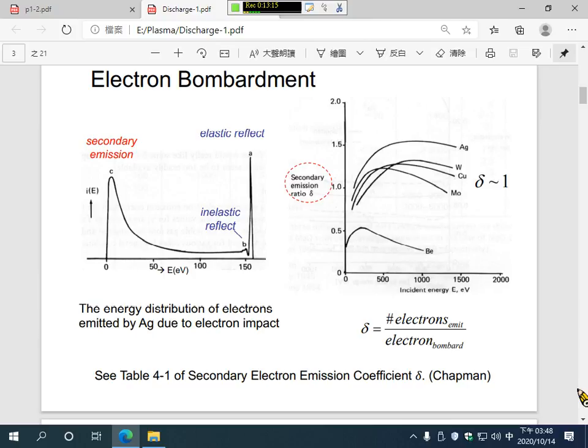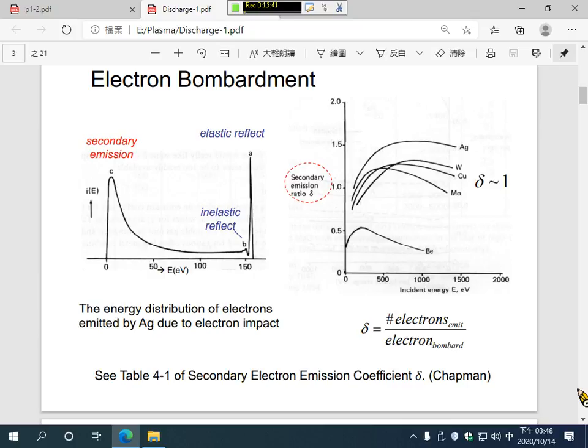Okay, so the secondary electrons will come out. Also, the backscattering electrons. So the surface of the specimen will emit electrons. So here are two types of electrons emitting out from the surface of the specimen.